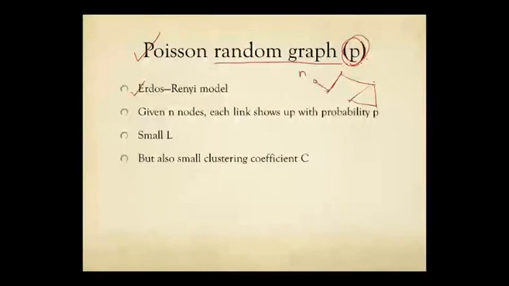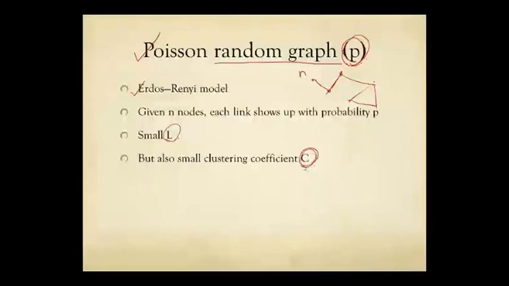And let's look at, if you indeed construct such a graph, what would be the L and C? Now L is actually small, as you can intuitively see, because between any node pairs, there's a chance of p that they are directly connected. But the clustering coefficient C is also small.